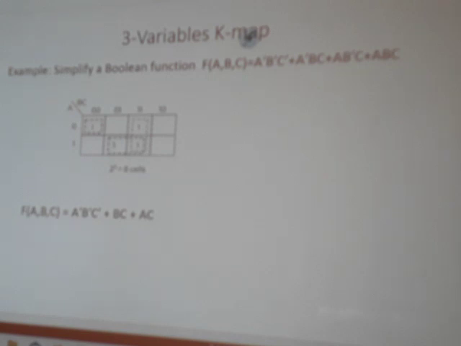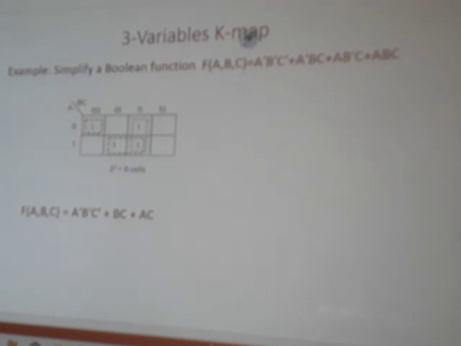Now we take an example. In the example, it is written: simplify a Boolean function f of a, b, c, equal to a'b'c' plus a'bc plus ab'c plus abc.